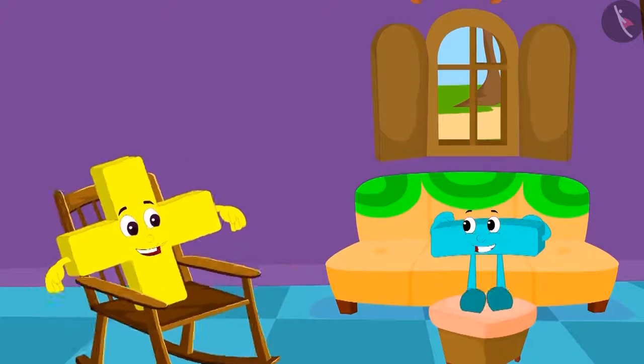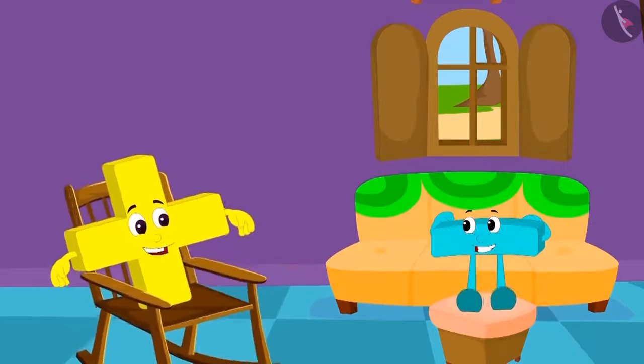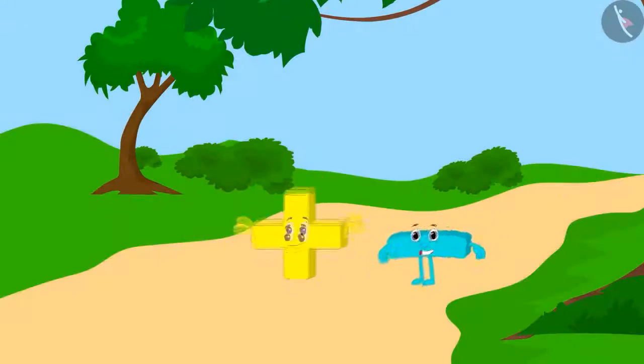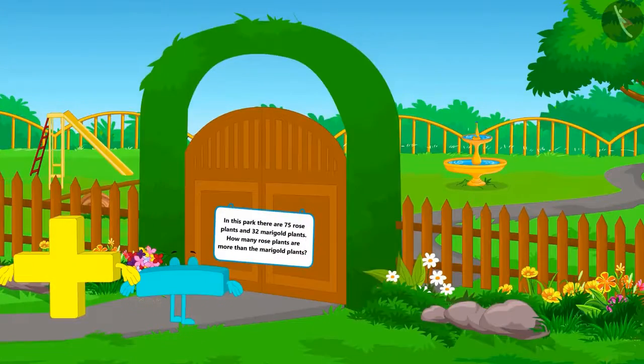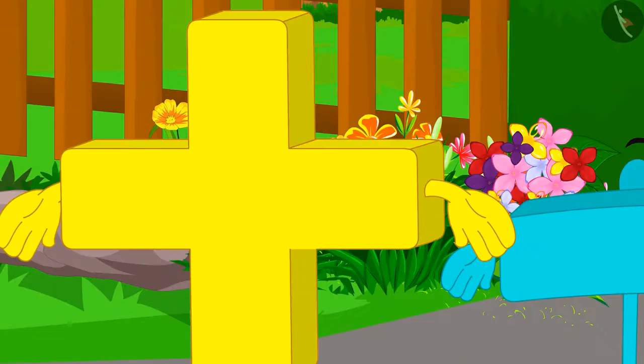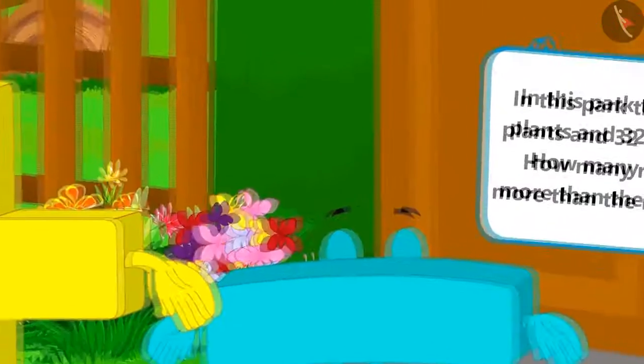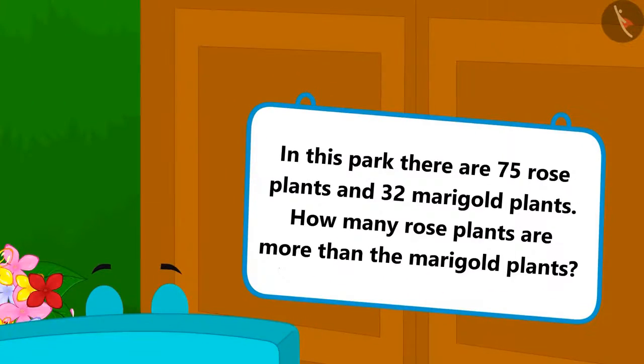Addition and subtraction took rest in the house and again started roaming in the village. This time, they went and stood in front of a park. Addition and subtraction want to go and play in the park, but the gate of the park is closed and a puzzle is written on it too.